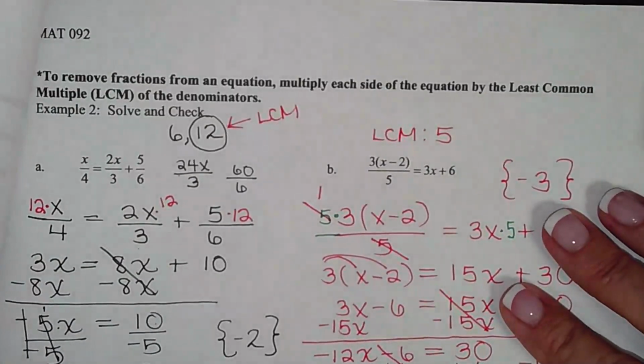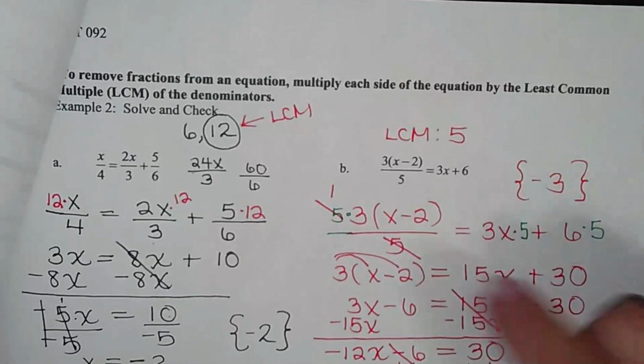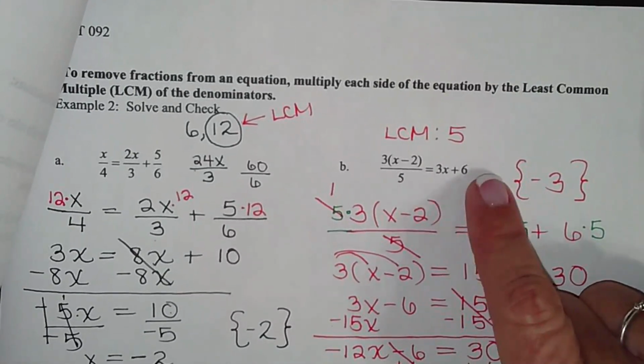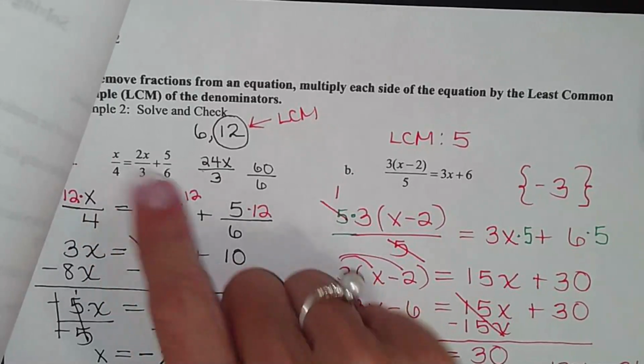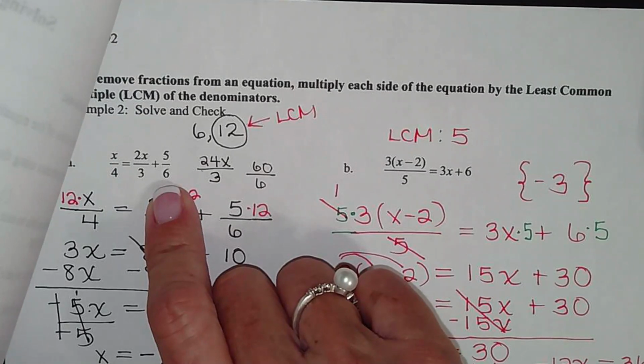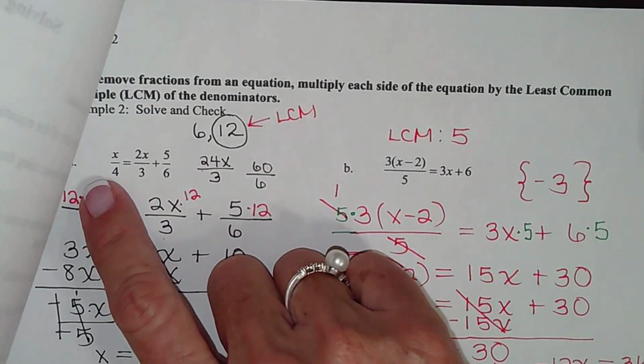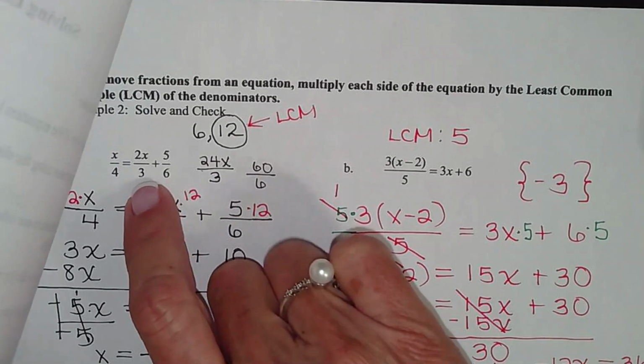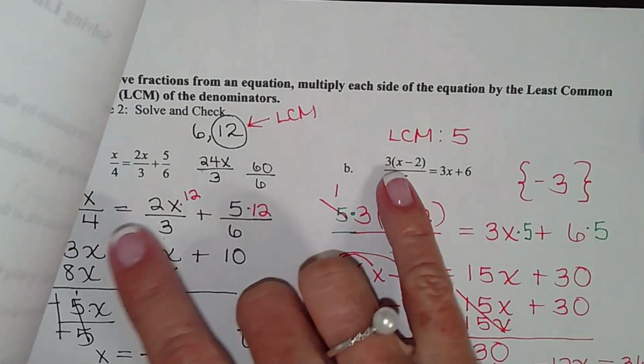Well, we didn't have a fraction set equal to a fraction. This is a fraction set equal to two numbers, and this is three fractions. You can only do cross products when there's one fraction on the left and one fraction on the right, which neither one of these have.